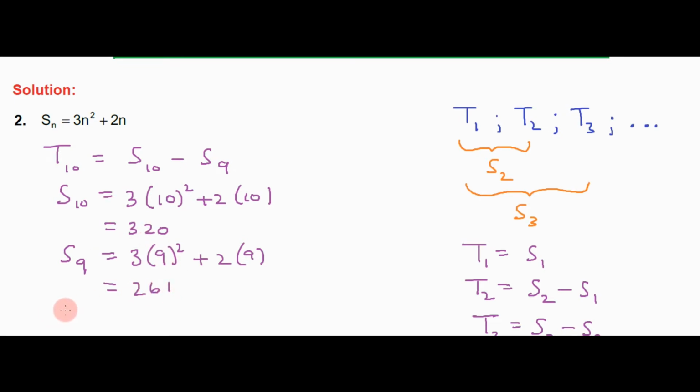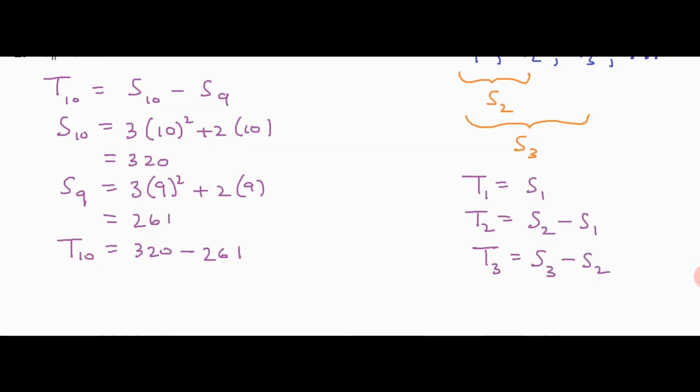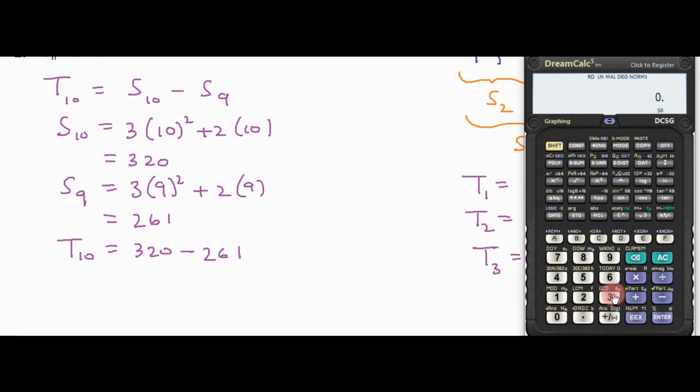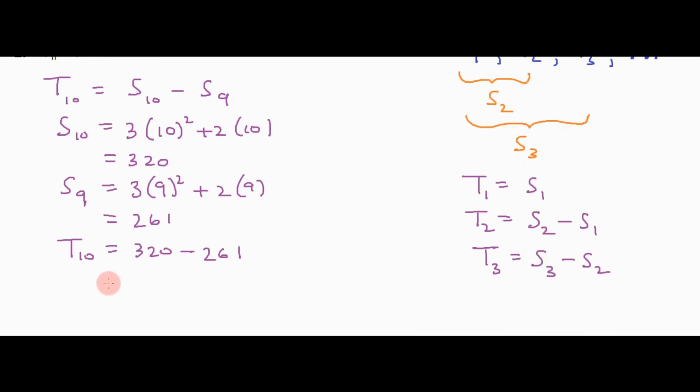So now we can get the value of the 10th term by taking S sub 10, which is 320, minus S sub 9, which is 261. So let's see what that comes to. So 320 less 261, and that gives us 59. So the value of the 10th term then is 59.